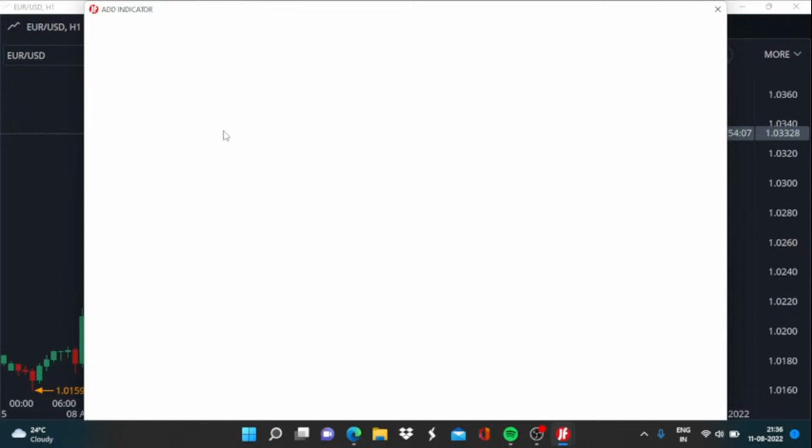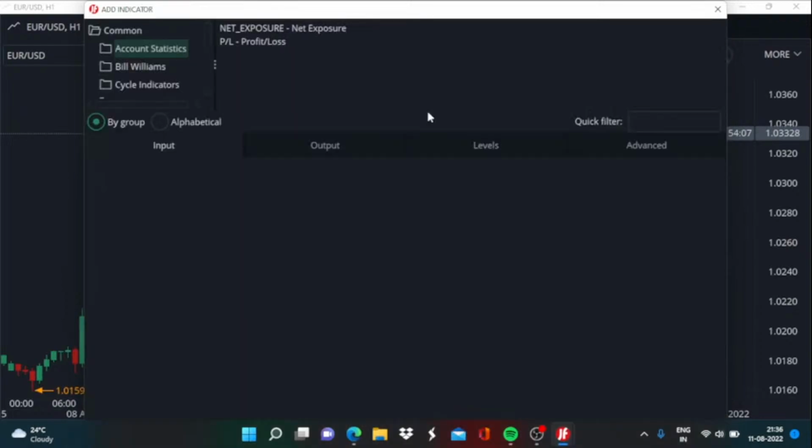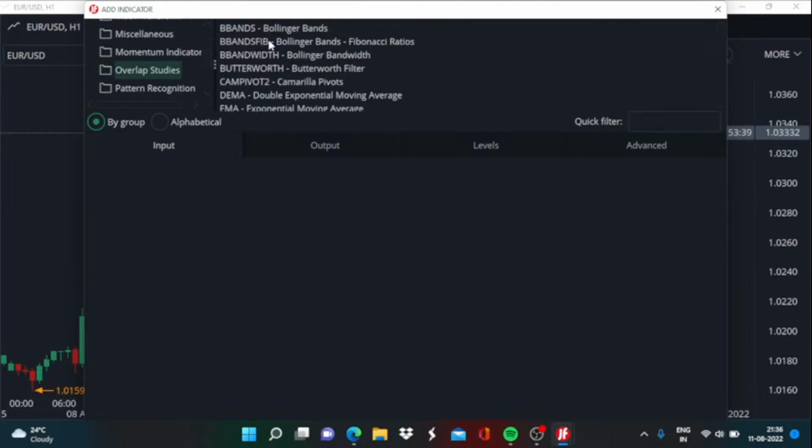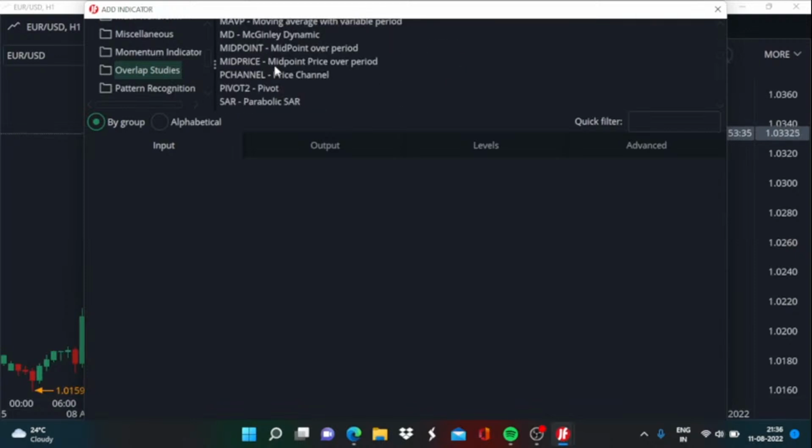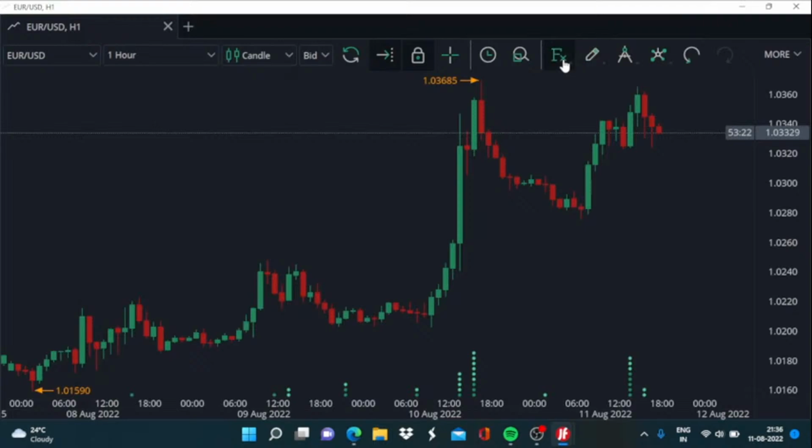Okay, and here we have to look for overlap studies. So here it comes. So this is the midpoint price over a period. Mid price is simply the average of the midpoint over the given time frame. You can find it simply by doing the quick search as well.